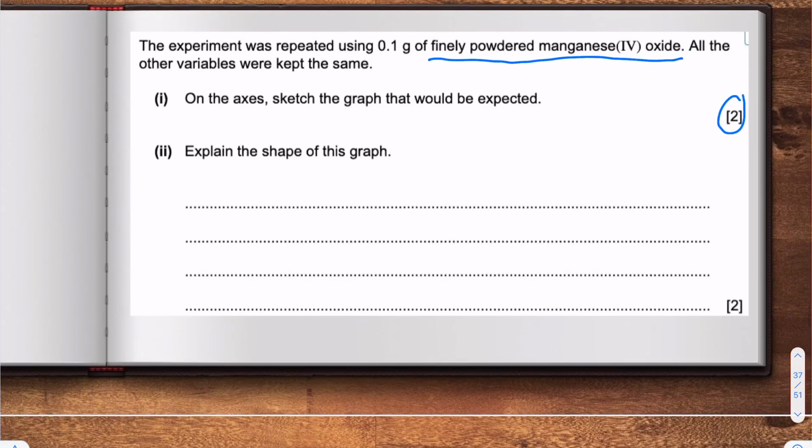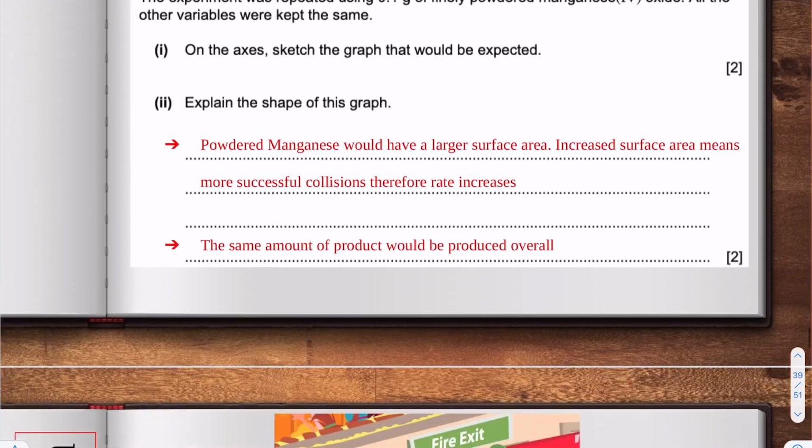So explain the shape of this graph, another 2-mark question. Let's see how we go about doing that. We can say that powdered manganese would have a larger surface area. That's what you're getting the mark for there. And increased surface area means more successful collisions and a faster rate. You need both of those points for the mark.